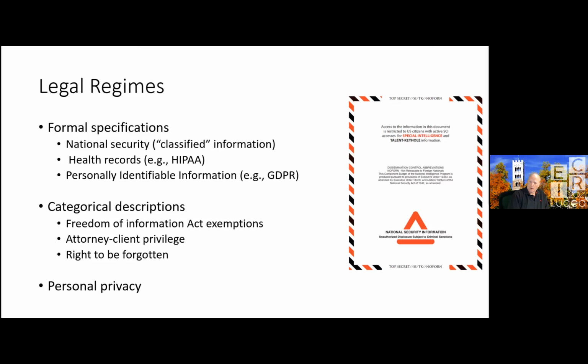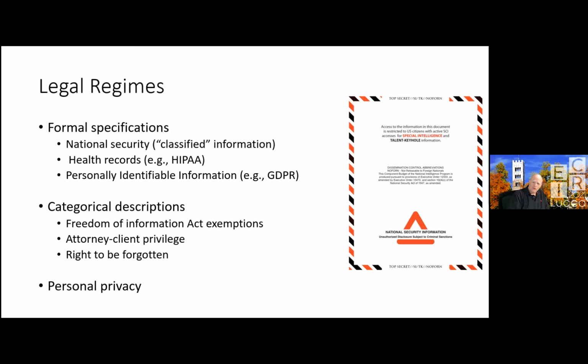And so, for example, we'll talk today about the Freedom of Information legislation in the United Kingdom, which has specific exemptions of things that can't be released, but they're not a formal specification. It doesn't say you can't release something with a person's name in it, for example.